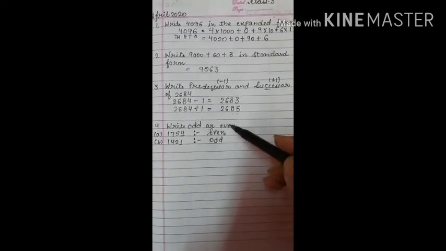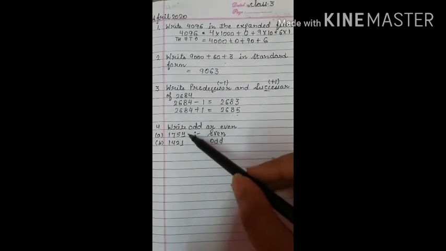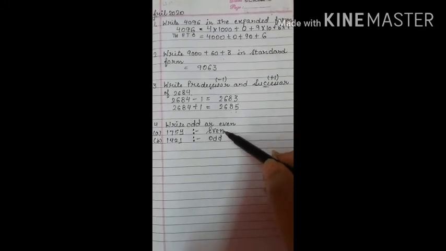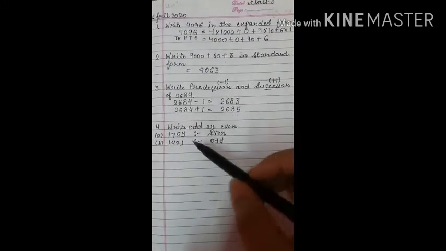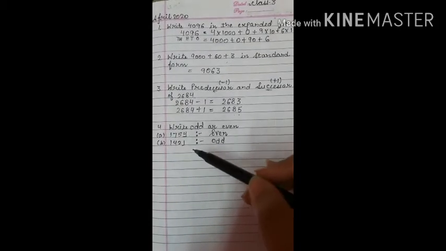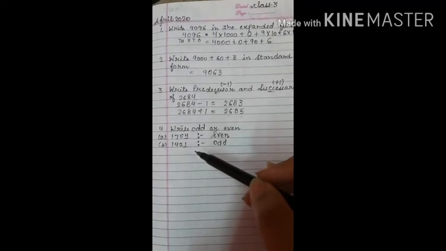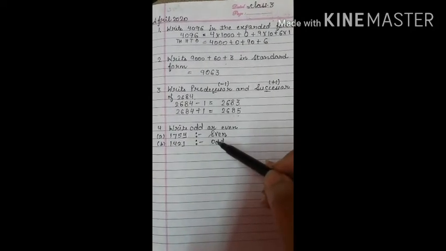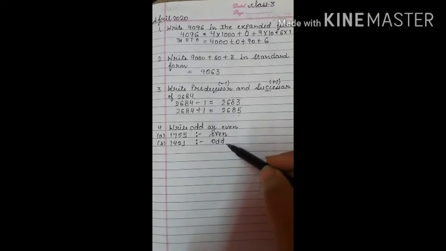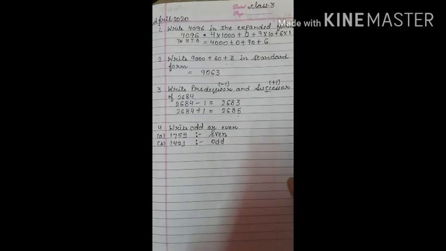To check, we will check the digit at the ones place. If it is 0, 2, 4, 6 or 8, then your number is an even number. If the digit at the ones place is 1, 3, 5, 7 or 9, then your number is an odd number. So in this way, the first case is of an even number and the second case is of an odd number. I hope all these questions are clear to everyone.